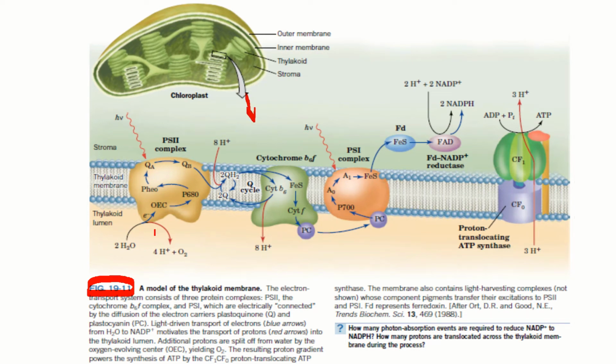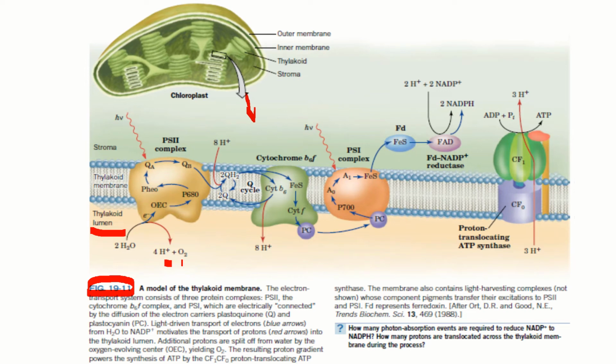You see, according to this diagram, water is being split, electrons are flowing along this electron transport system, and protons are released into this space. This is the thylakoid lumen. Oxygen also is released here, and we are not concerned about oxygen here, because in the process of photosynthesis, oxygen is a byproduct.